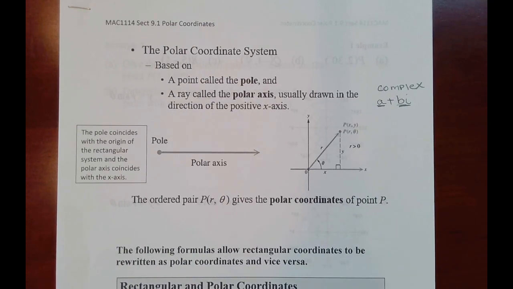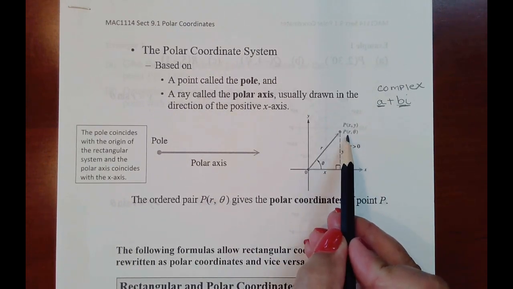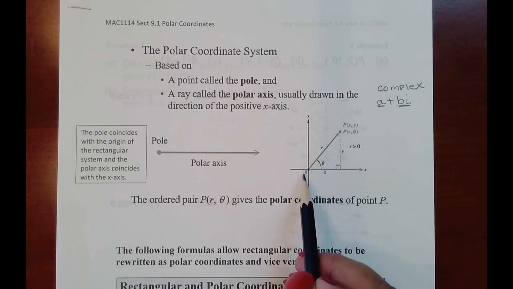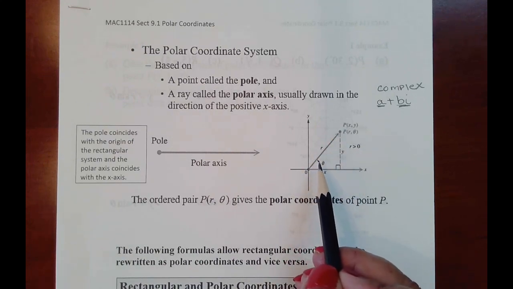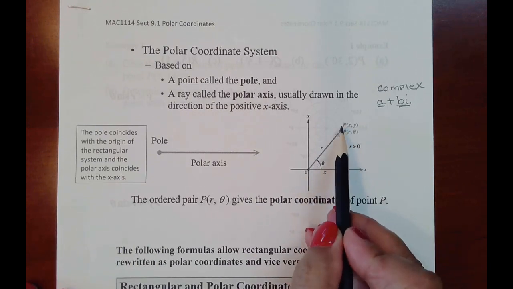Now we move into the polar coordinate system, and in these kind of points, the first coordinate is going to be r, which is just the length of this ray. It will be referred to as a vector later on in the chapter, but it's just the length.